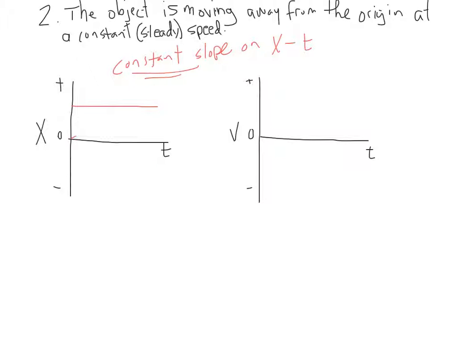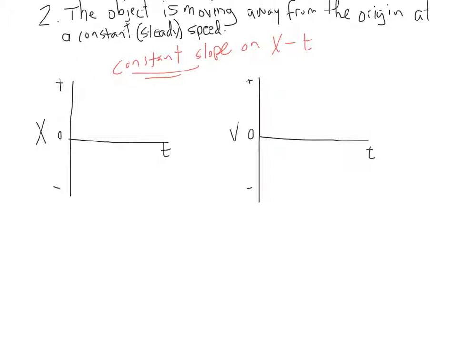This would be a constant slope, only that slope is 0 slope. This would be a constant slope. Well, sort of. It's a little curved, but you get the idea. So there's a lot of different graphs that could be constant slope.